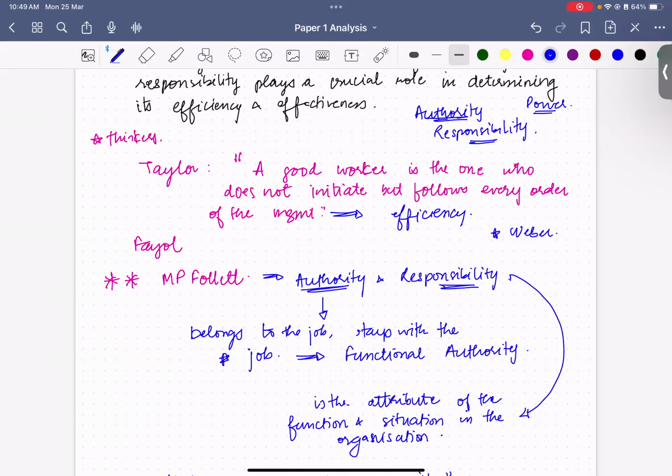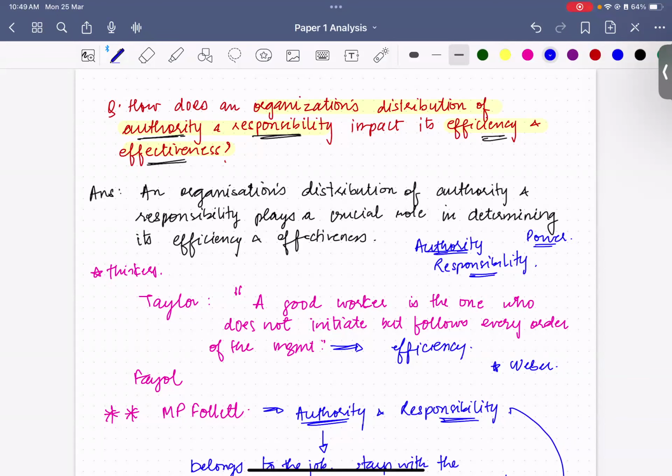Okay, so how does an organization's distribution of authority and responsibility impact its efficiency and effectiveness?